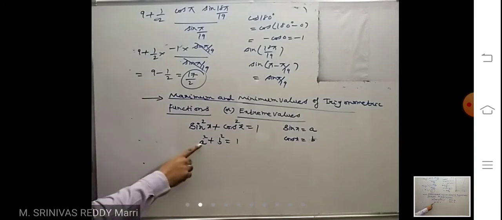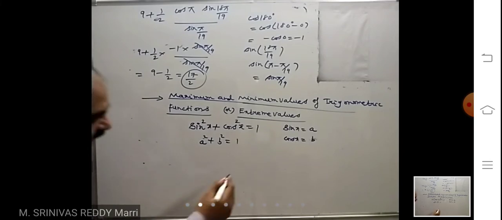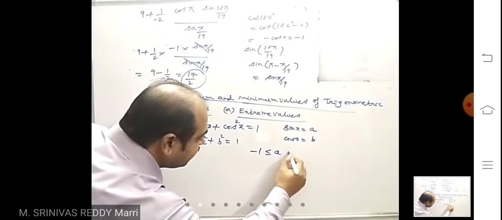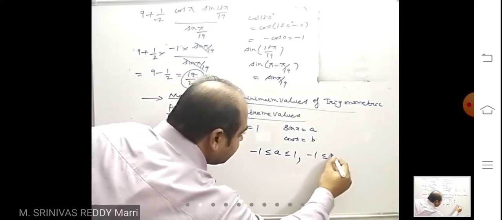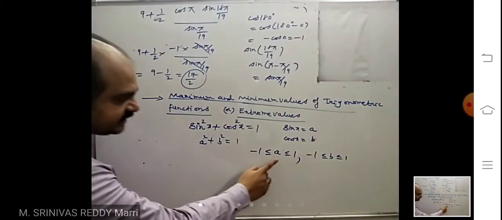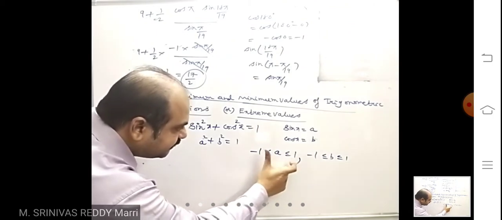That means for a square plus b square equal to 1, a must lie between minus 1 and 1 only. b must lie between minus 1 and 1.